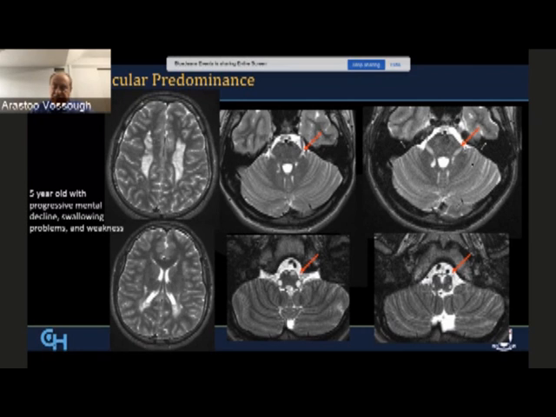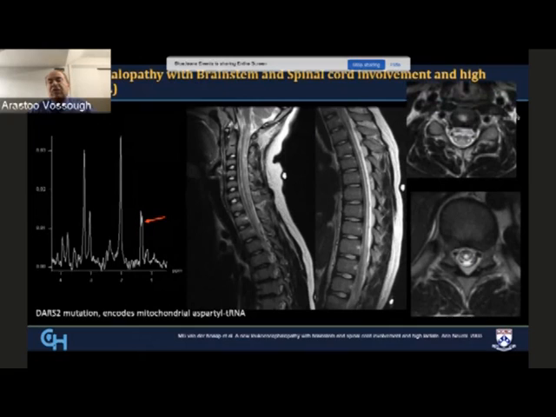We see involvement of the anterior spinocerebellar tracts, and we have involvement of the spinal cord as well, particularly the lateral and dorsal tracts, the dorsal columns, and with much increased lactate. This was alluded to. This was a patient with DARS2 mutation, and we'll have a talk on the mitochondrial and non-mitochondrial tRNA disorders later today.